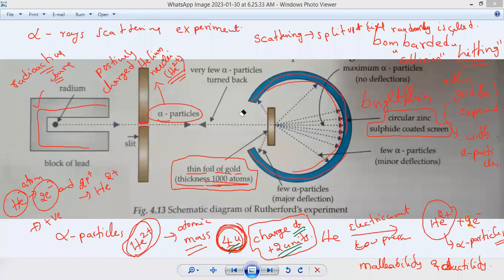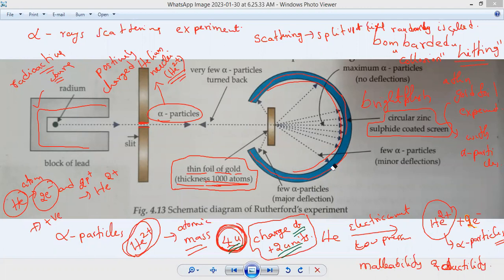But you can see some of them scattered instead of continuing in a straight line. They were diverted at some angles. As well, the discovery of the nucleus was not done by Mr. Rutherford. Do you understand, everybody?